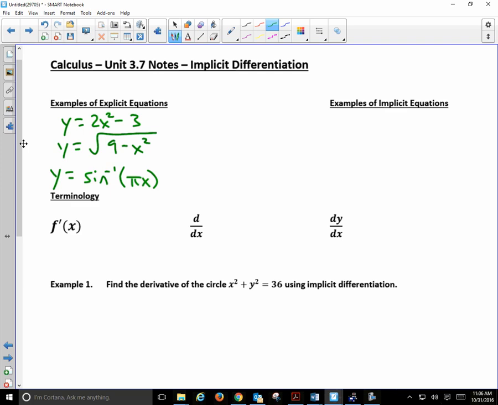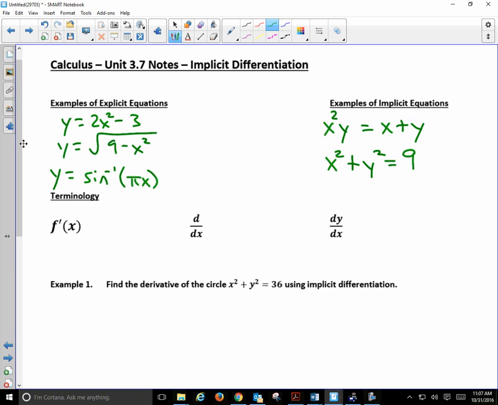Implicit equations would be like this: x squared y is equal to x plus y. That's a situation where y is not solved for. x squared plus y squared equals 9.